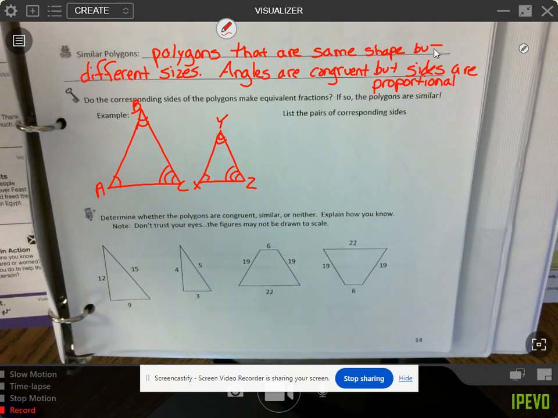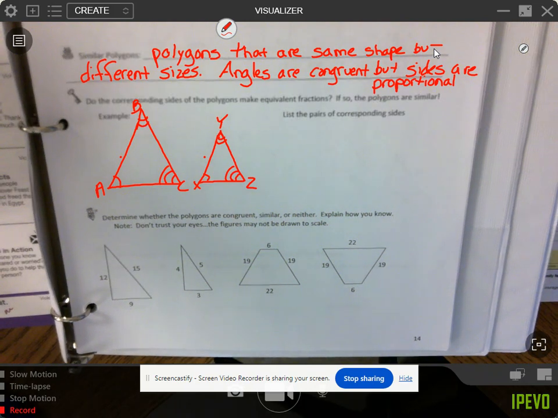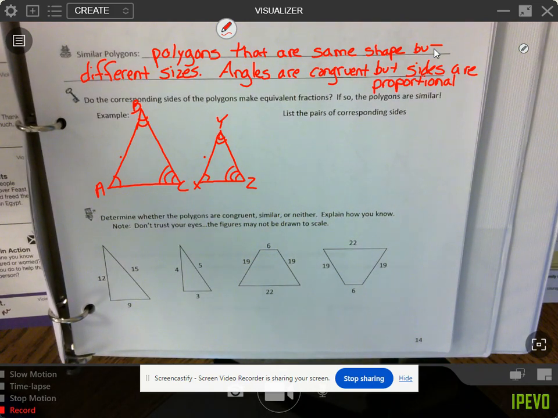We're just making it bigger, or we're growing it bigger or shrinking it down at the same rate. So our sides are obviously not the same measurement. So it is not congruent, but our angle measurements tell us that, yep, it is proportionate, it is similar, because our angles are the same.